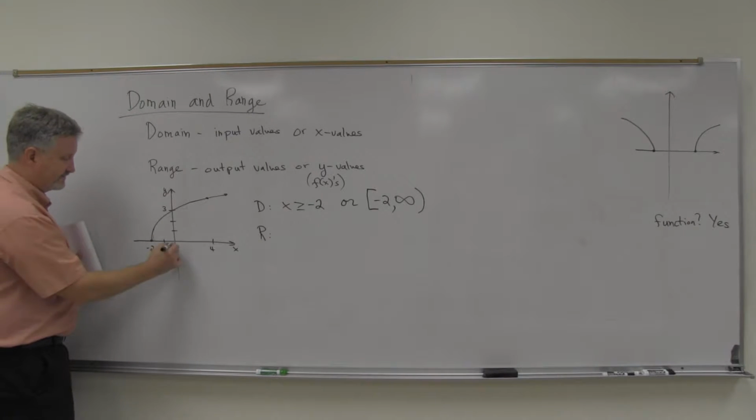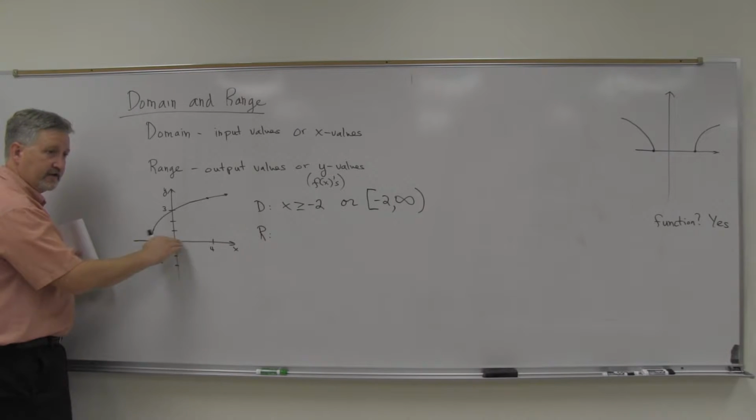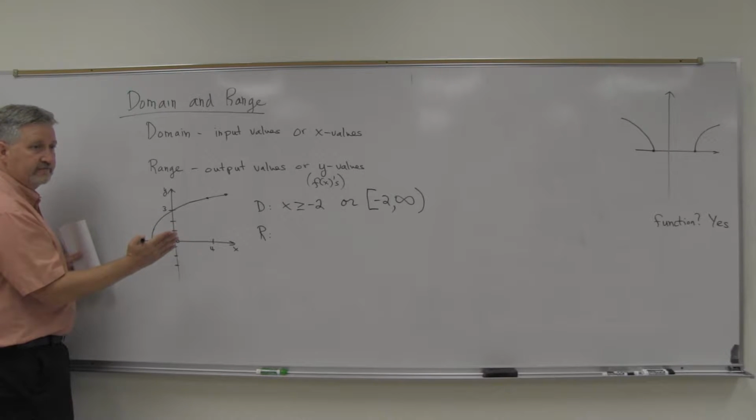Where does y start? Right at 0. Because you've got this point right here, so you come across here. The y values start at 0, because this point is -2, 0, so there is a 0 y value.